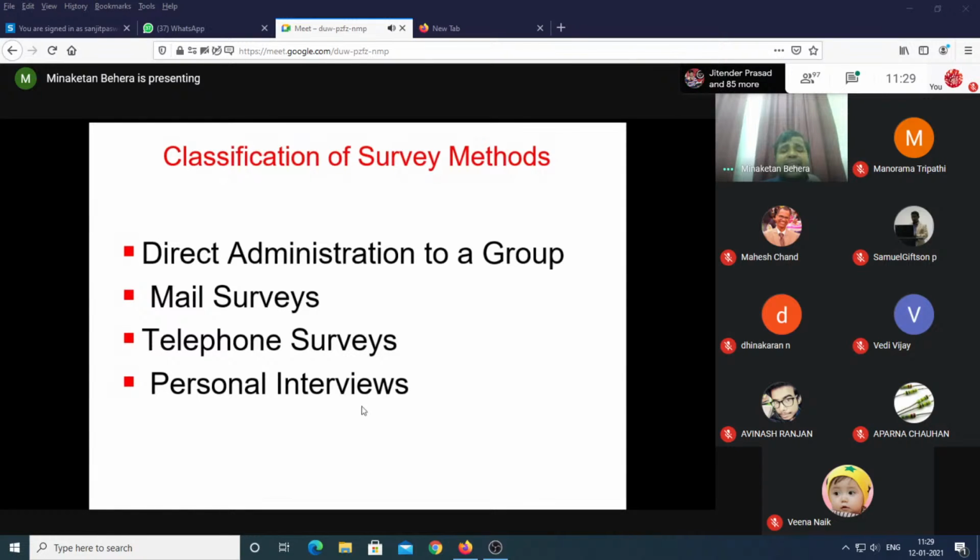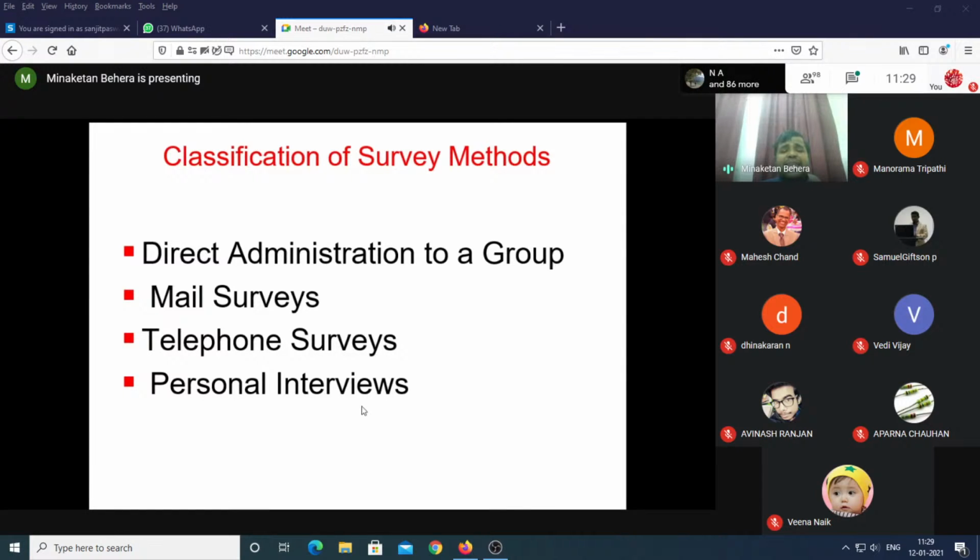Remember one thing about direct administered sessions to a group: you have some set of questions. These are the ways through which you can do a survey.